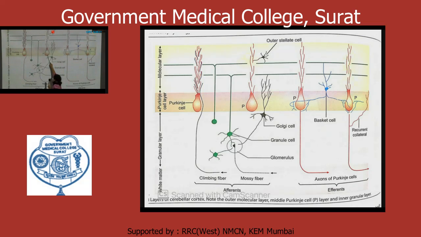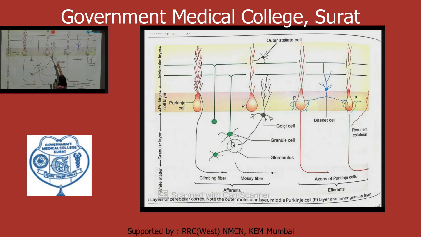The climbing fibers straight away synapse with the cell body and the dendrites of the Purkinje cells, whereas the parallel fibers synapse with the dendrites of the Purkinje cells.